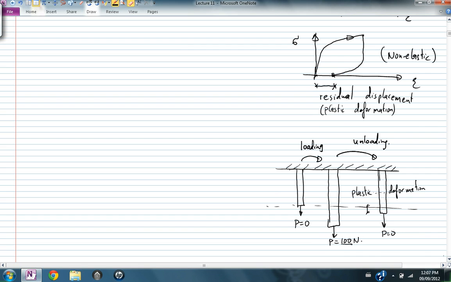So the formal definition of an elastic material is the following.